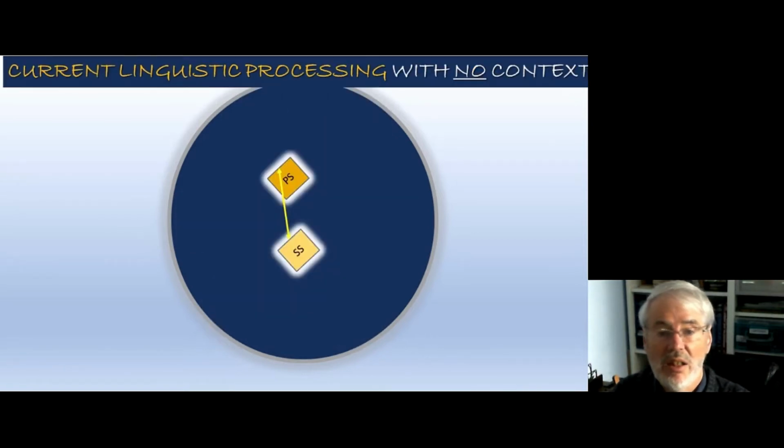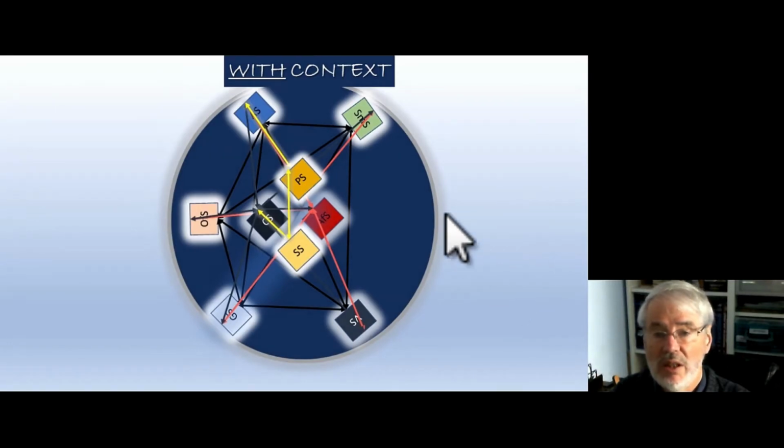Here are again our two linguistic systems, and here they are all together with the context. So the internal context of linguistic processing, whether it's monolingual or bilingual, multilingual, is represented here.